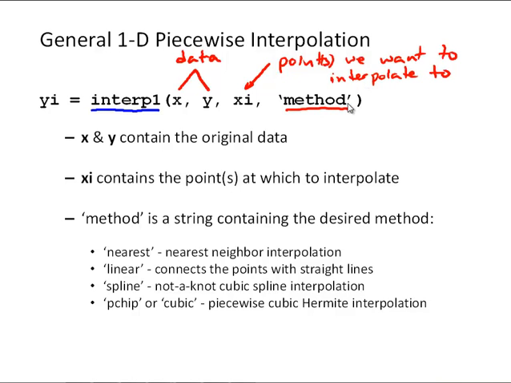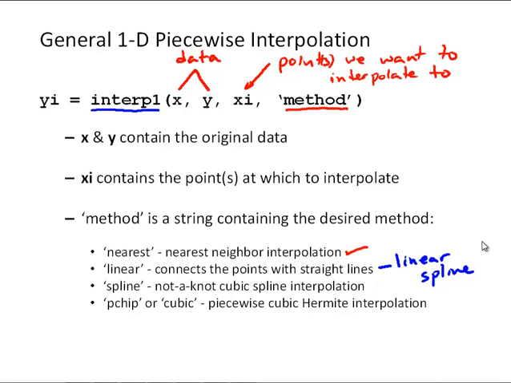And then method is another input that just defines what type of interpolation we're going to do. There are 4 options for the method. The first option is called nearest neighbor interpolation, and I'll give you an illustration of what that looks like in a minute. Then there's linear piecewise interpolation, so this is a linear spline.